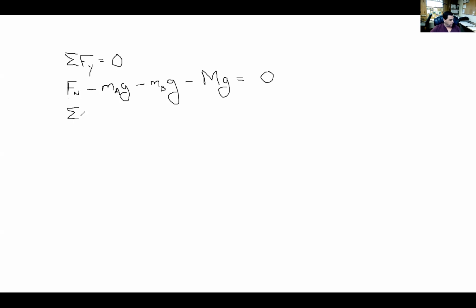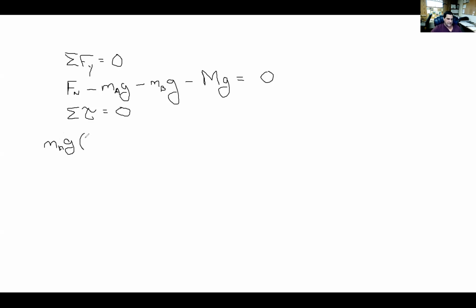So let's take a look at sum of torques is equal to 0. We are going to sum the torques at point P, or that fulcrum. You're doing weights, so it's mass times gravity.